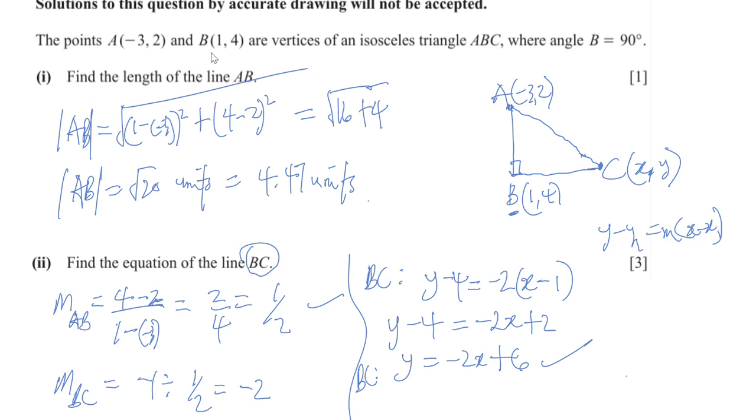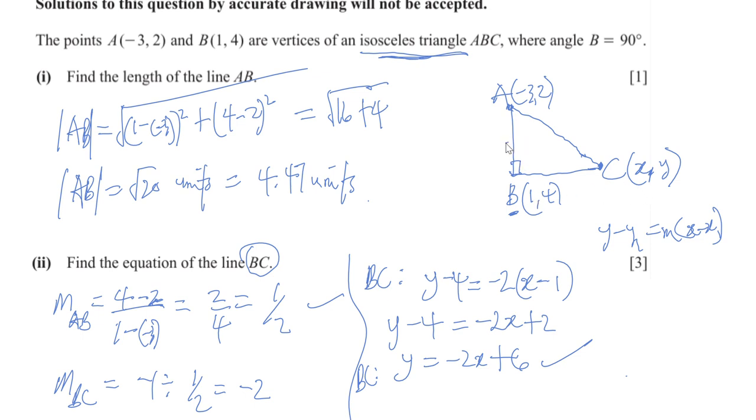The question says that the points A and B are vertices of an isosceles triangle, that's to say two sides of the triangle are of the same length. The line AC is the hypotenuse, the longest side of the triangle, and its length cannot be equal to any of the other two sides.